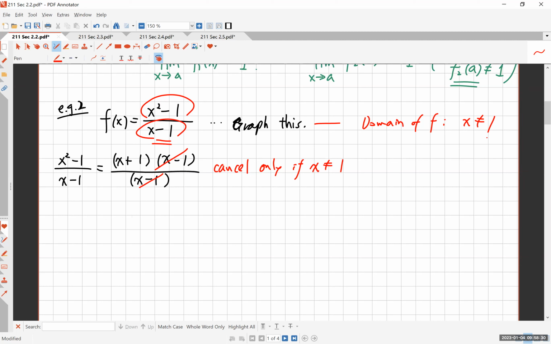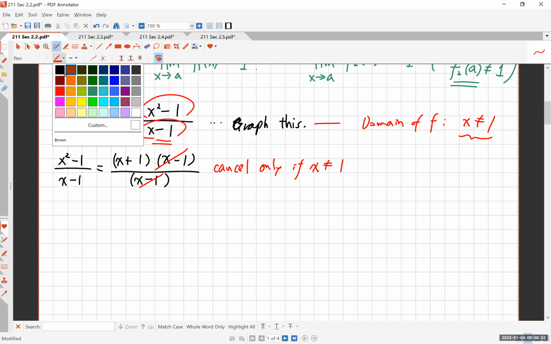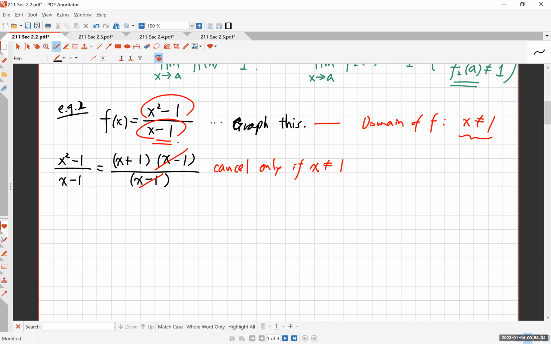And that happens only at one point, namely when x is equal to 1. So because 1 is not in the domain of f, it's okay, we can cancel this. Okay, because this is never 0. And so this turns out to be x plus 1, except at x equal to 1.